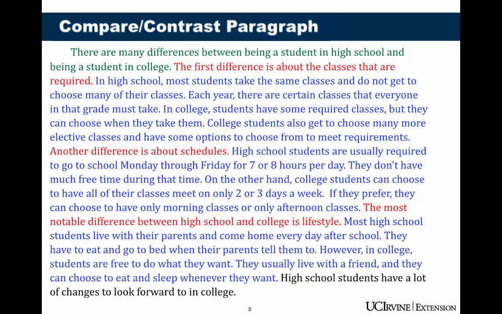So you should start to see that these paragraph types follow the same structure that you've already learned for body paragraphs. You need a topic sentence that supports the thesis, and you should have several supporting ideas. Then you should have several details and examples that are very specific and help develop the paragraph.